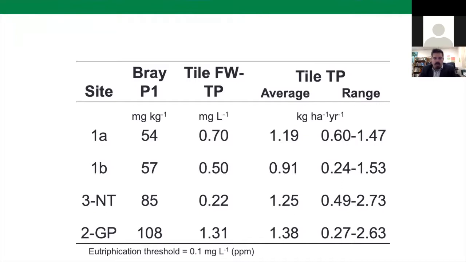The threshold that we like to see under for water bodies is 0.1 milligram per liter or part per million. The average concentration in the drainage water far exceeds that, 5 to 13 times greater than that.